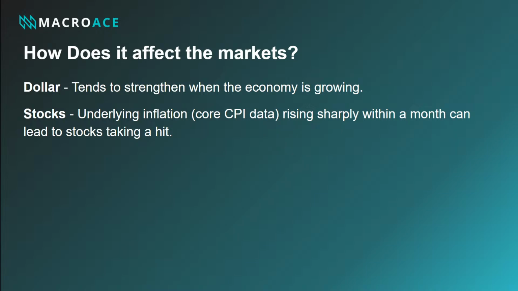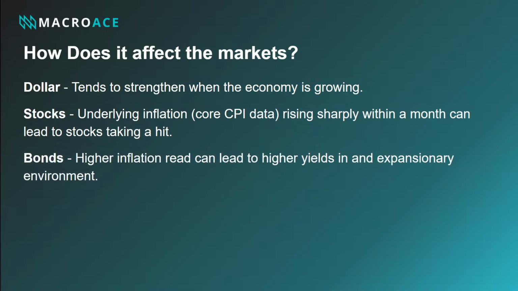So it's not a surprise if inflation is much stronger than the forecast and also the previous figure, and then you'd expect a more bearish reaction from the stock market and a more bullish reaction from the dollar.